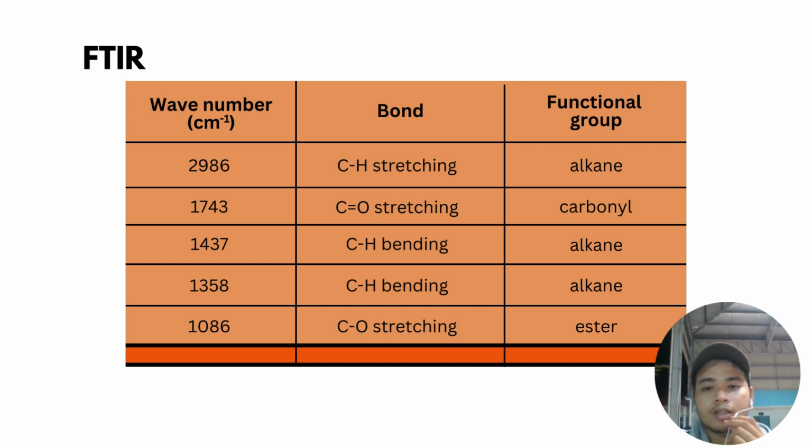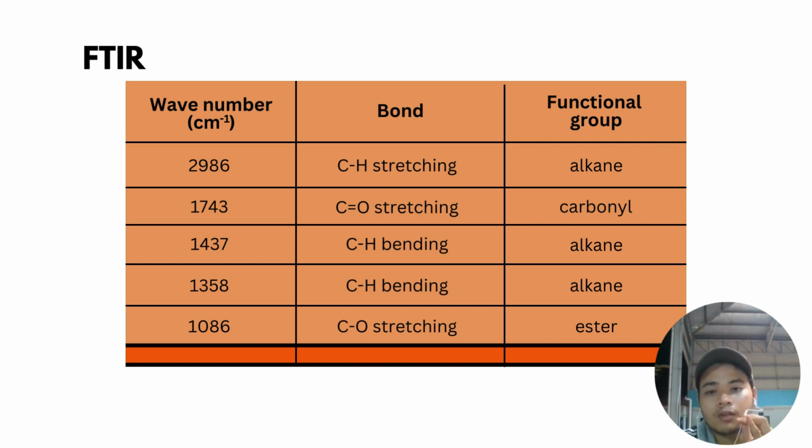For the FTIR spectrum, we have chosen five absolute peaks, which are 2986, 1743, 1437, 1358, and 1086.